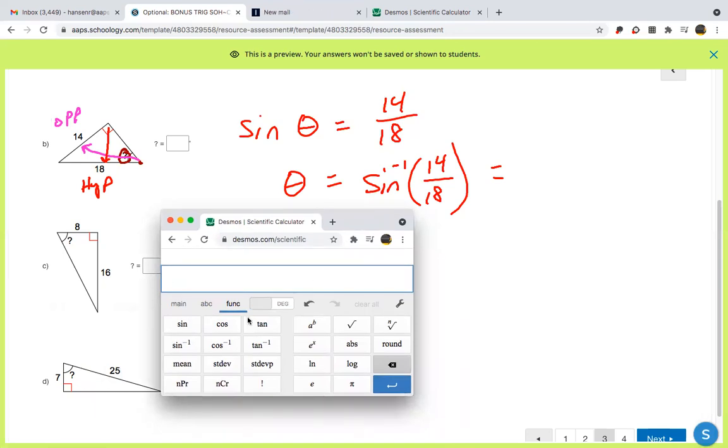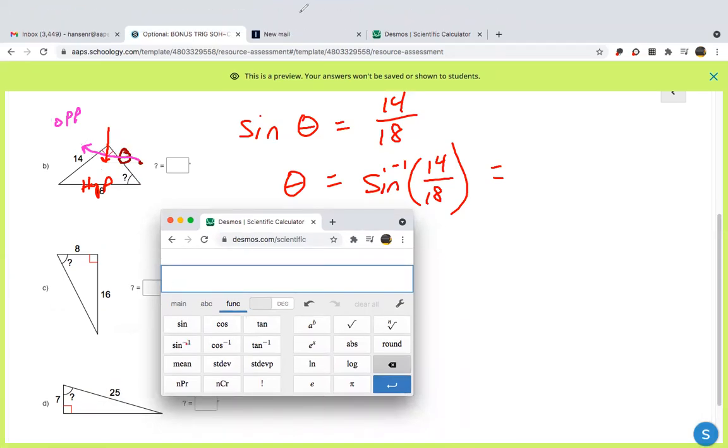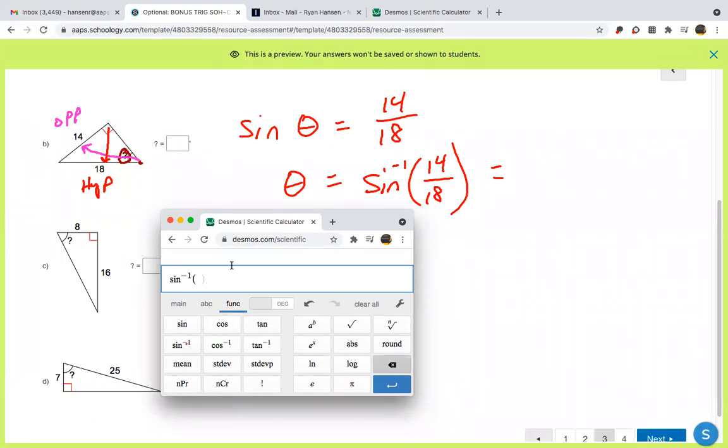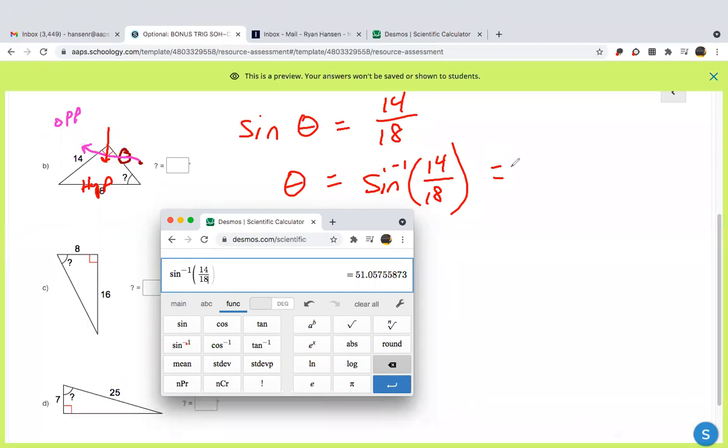Okay, so I'm looking for the sine inverse button with the little -1 superscript. And I found it. And after that, in the parentheses, it's going to be 14 over 18. And it's 51.05. So to the whole, that is just 51 degrees. All right, so again, that one used sine because we were given the opposite and the hypotenuse with respect to the reference angle.